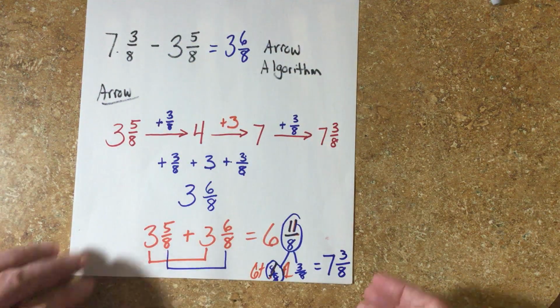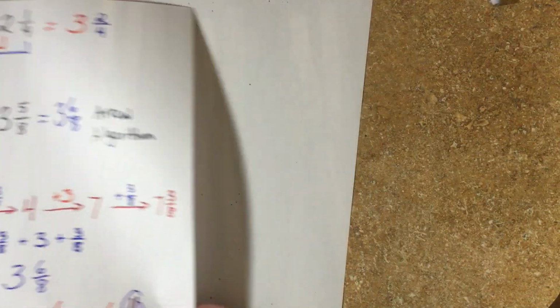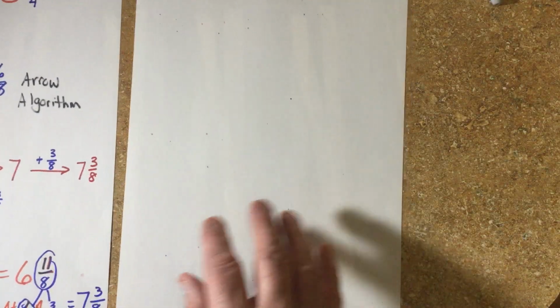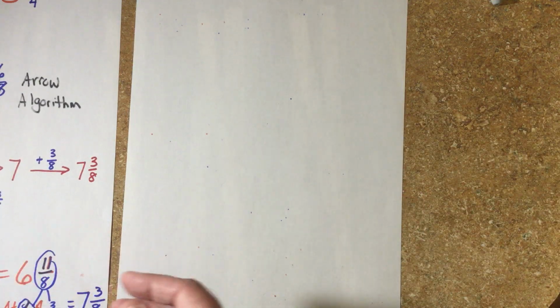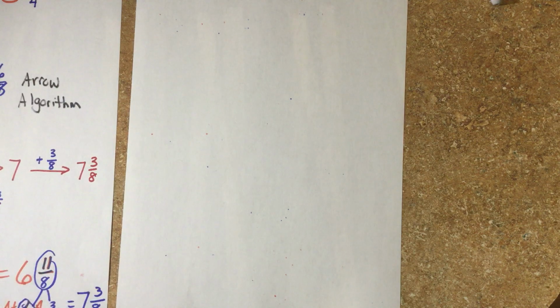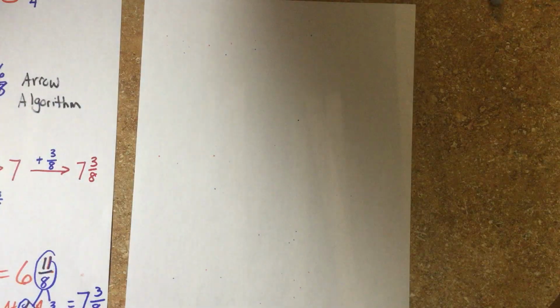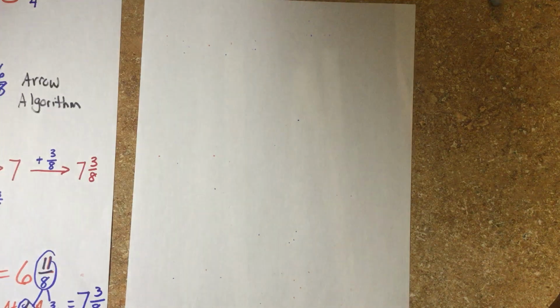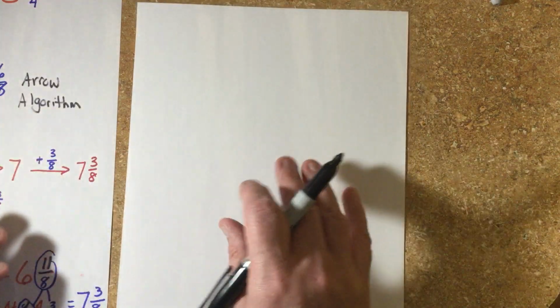Okay. So that's using the arrow method. Now I'm going to go ahead and do the same problem using the algorithm, because I know some of your parents are saying, what did he just do, if they're watching this? And maybe you are one of those people who didn't feel really comfortable with the arrow method and you just want to go ahead and straightforwardly use the algorithm.